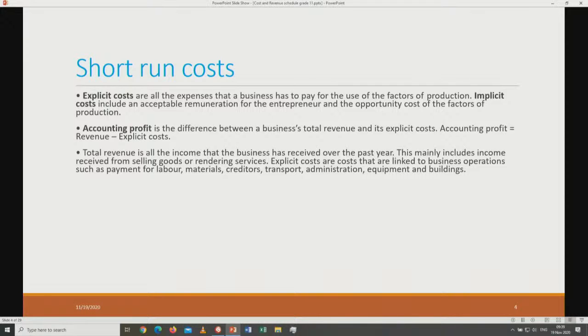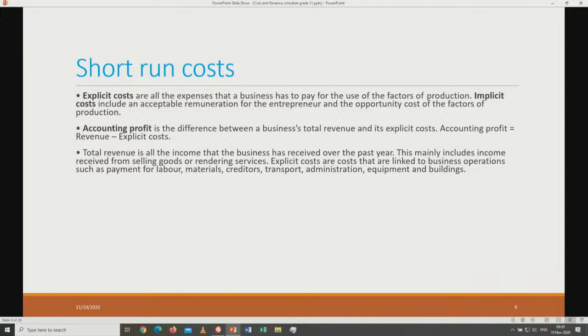Then explicit costs, we have explained what explicit costs are. They are directly linked to business operation. And they would include payment of wages to those who are working for you. Those who will be working there, you will pay them, and that is known as wages. And it also includes payment of materials, whatever you'll be using.